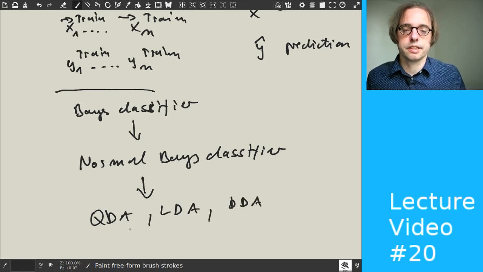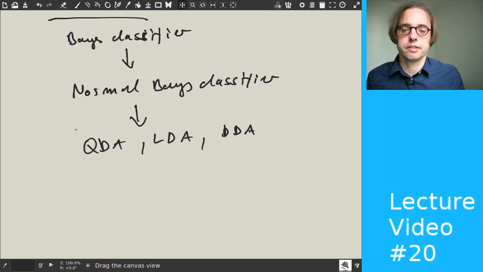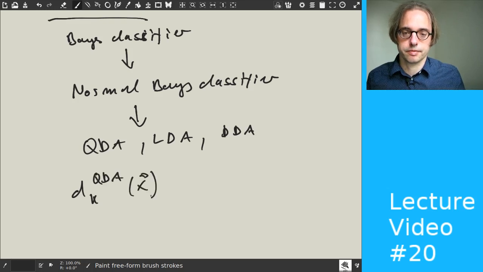And you've seen that we have discriminant functions, dk QDA of x, and similarly dk LDA of x.